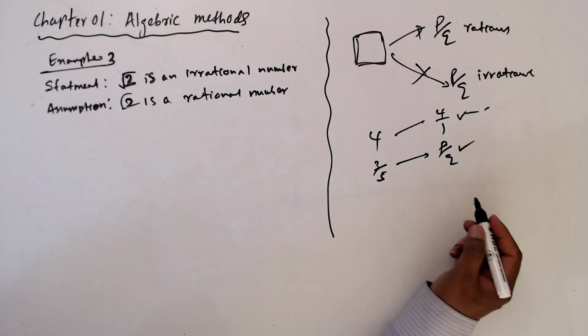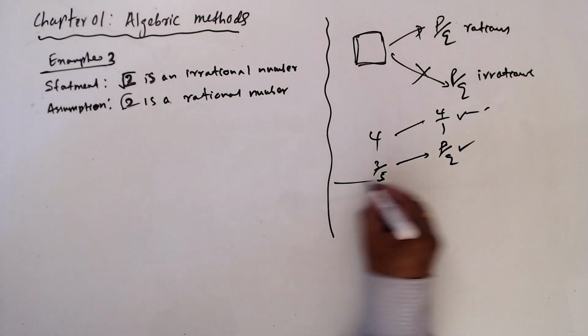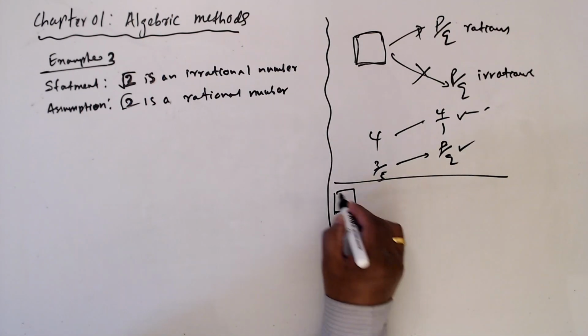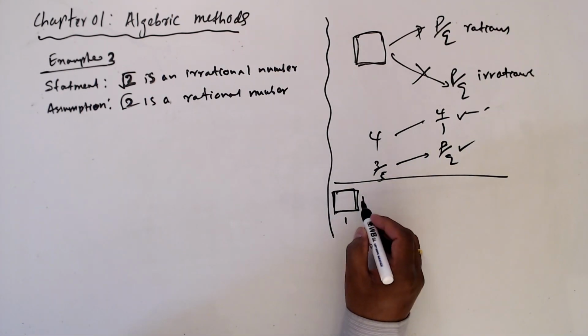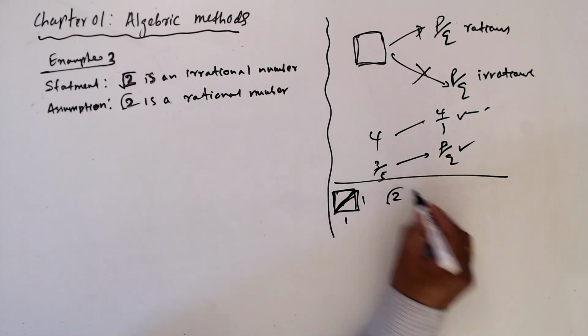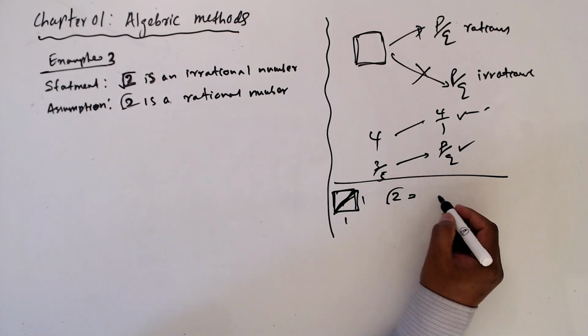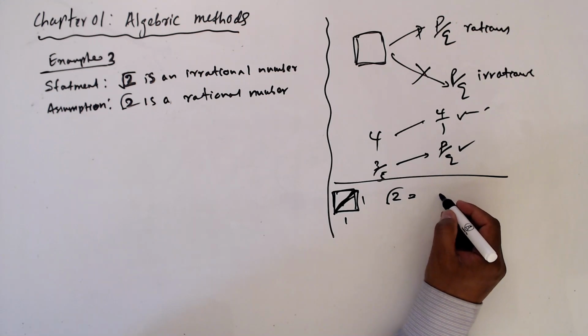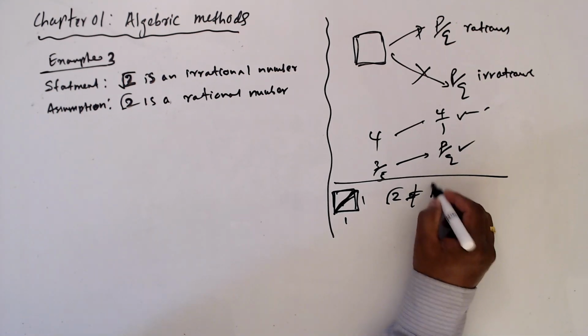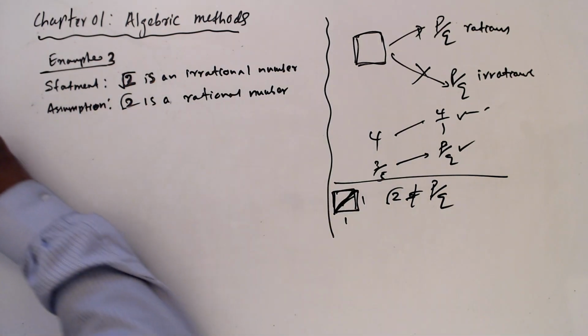But there are some numbers. For example, if this is a square with side 1, and this length is square root 2, you cannot write this as a rational number. There is no p over q that exists for this.